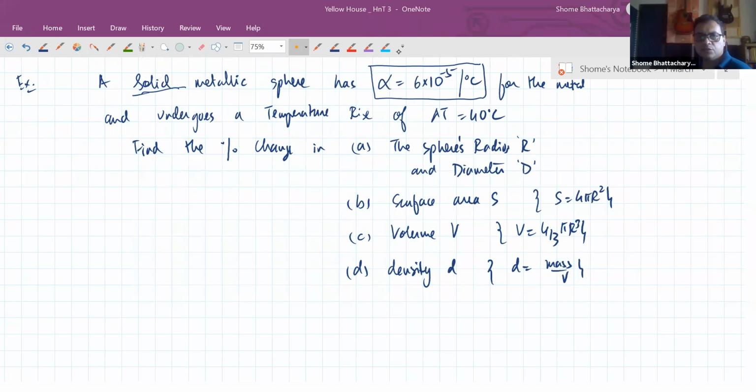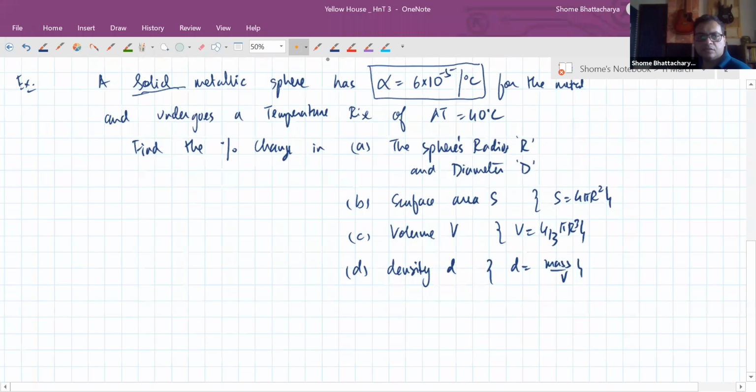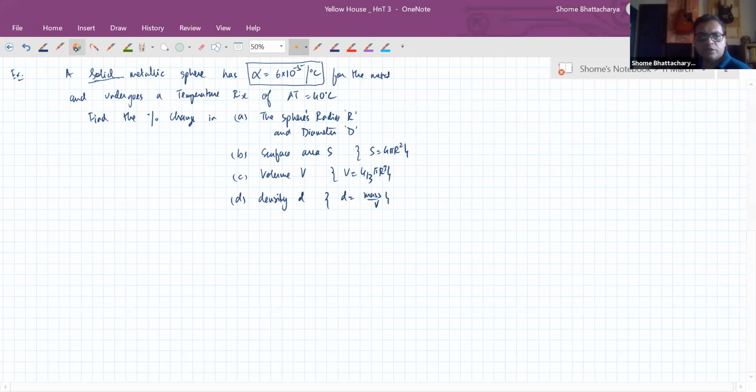Okay, let's understand the solution to this question. So what is happening here is that when we talk about a spherical body, its radius and diameter, these are what we call linear dimensions.